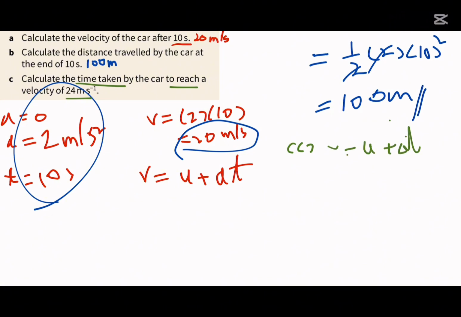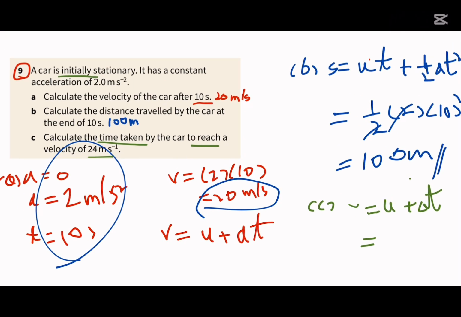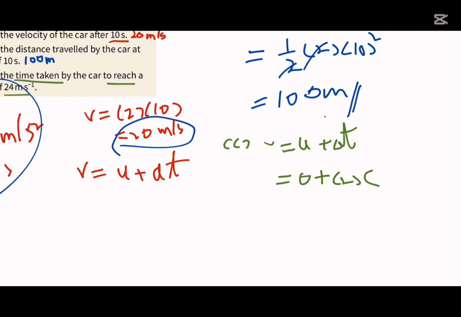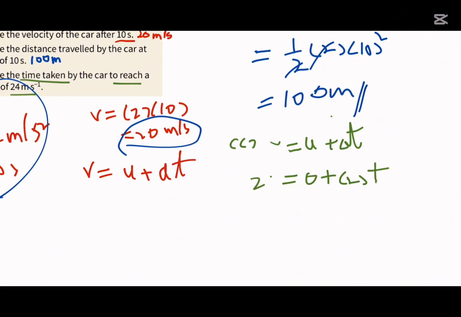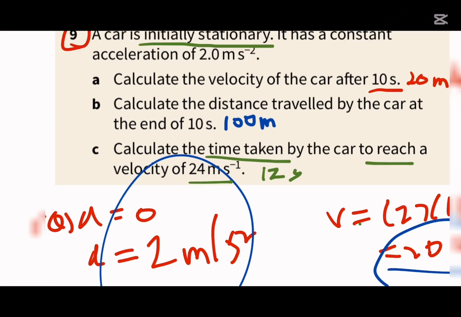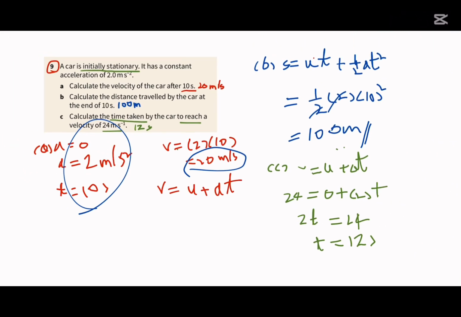So u is 0, as you can see, initially stationary, so it'll be 0 plus acceleration, which is 2, times t. Actually, I rearranged it wrong. We don't know time, and v is 24 meters per second. So 2t equals 24, and then t equals 12 seconds. So the car will take 12 seconds to reach 24 meters per second. These are the answers to this question.